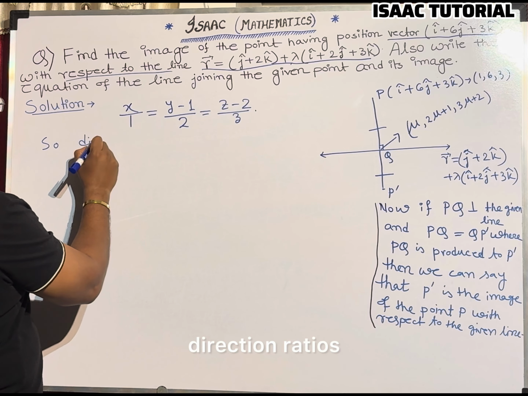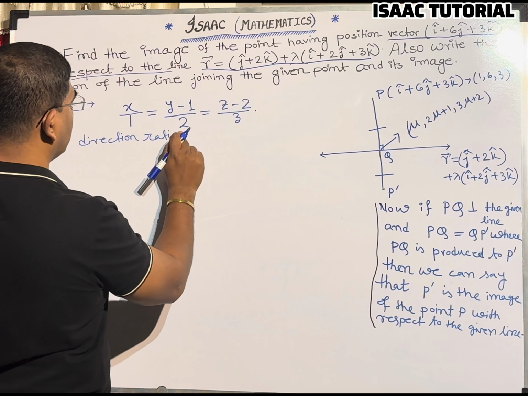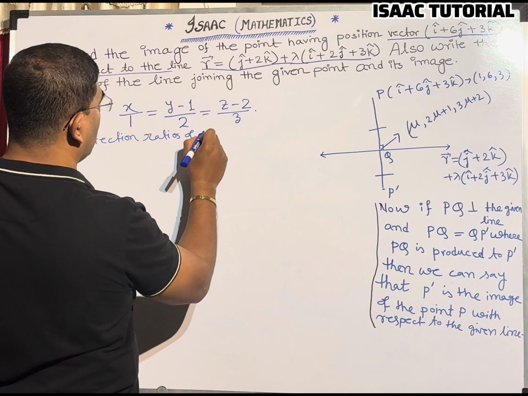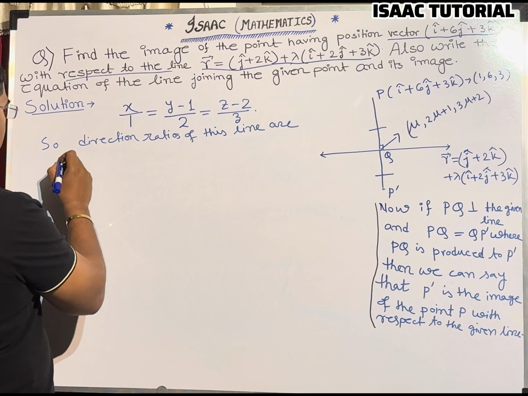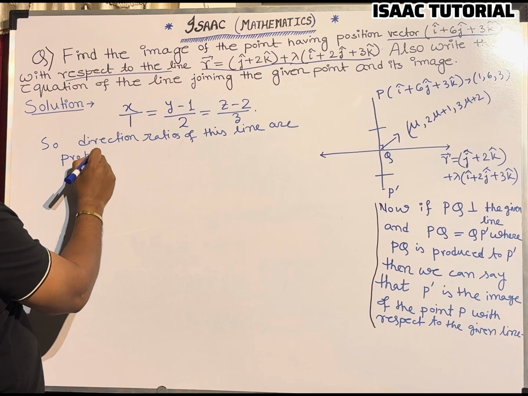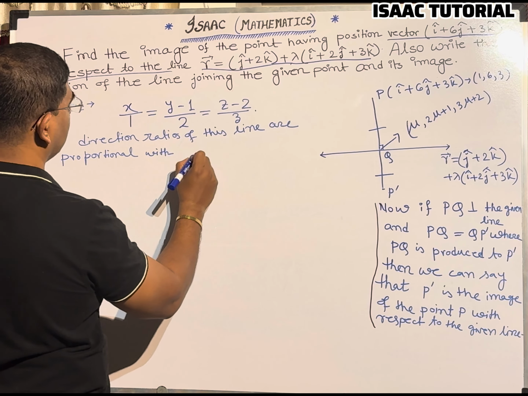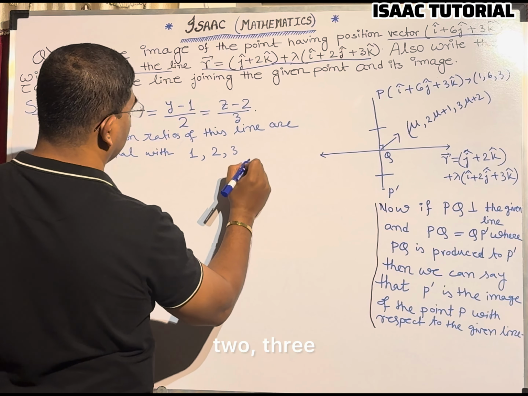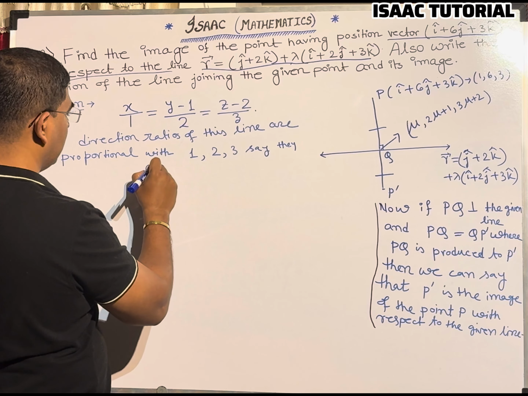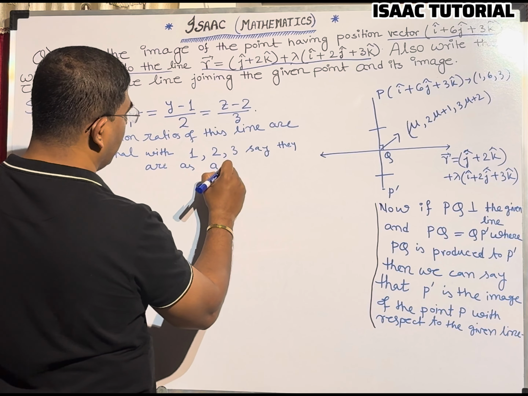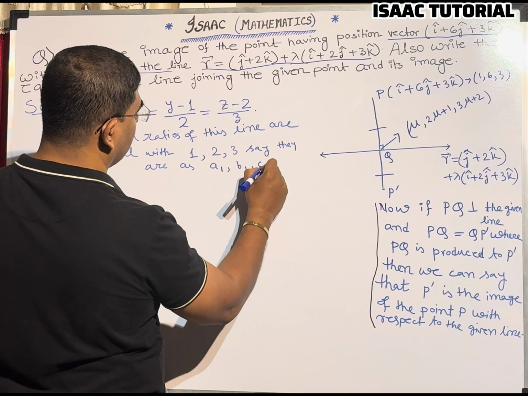So, direction ratios of this line are proportional with 1, 2, 3. Say they are A1, B1, C1.